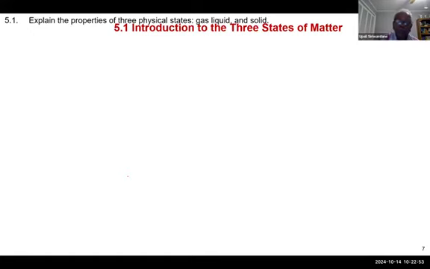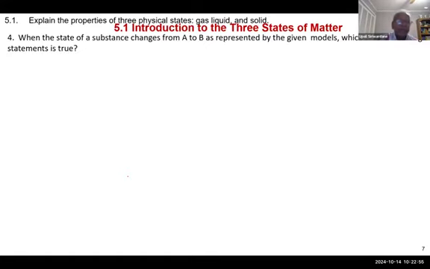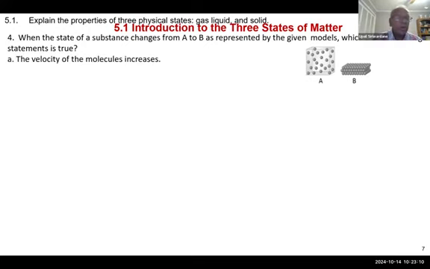We go to next question. Which substance change when the substance changes from A to B? Which of the following statements is true? Let's look at the change. That's a gas.